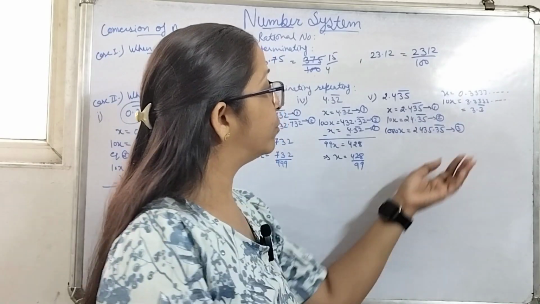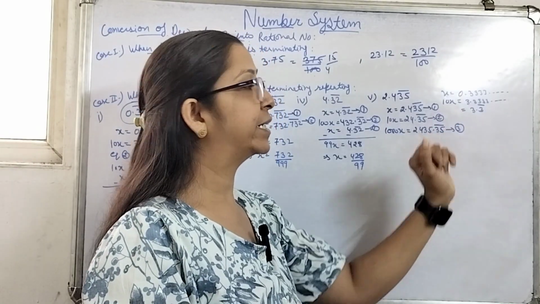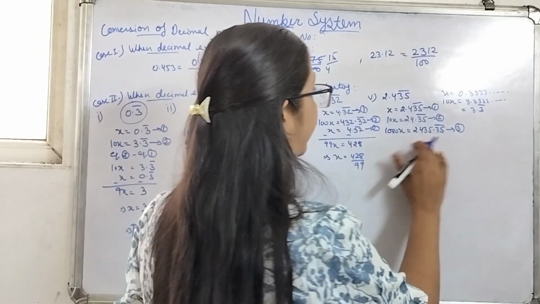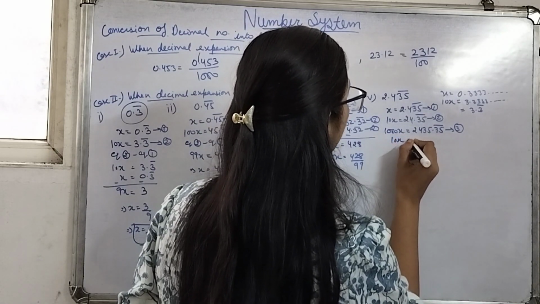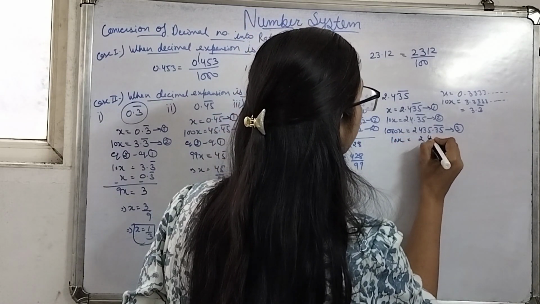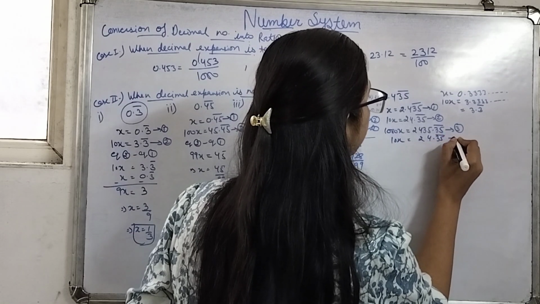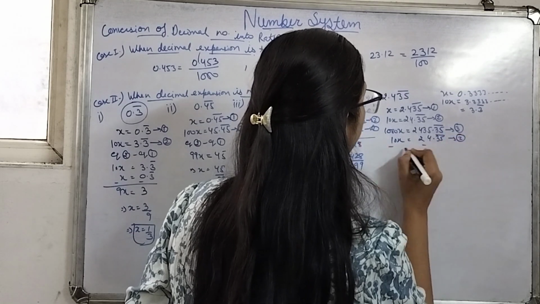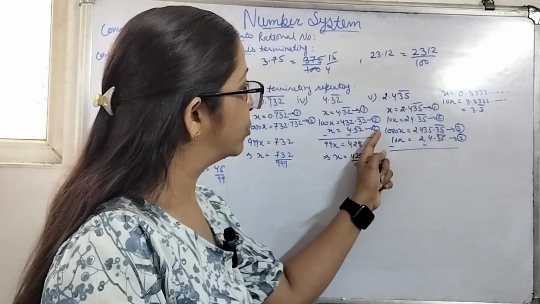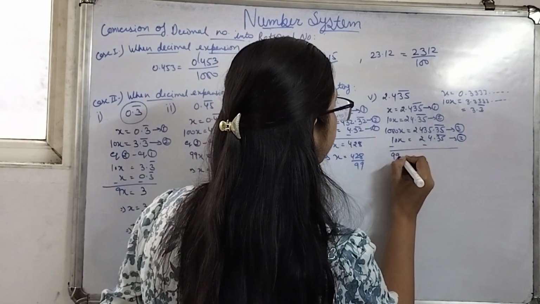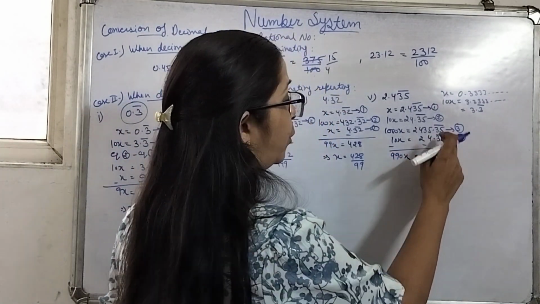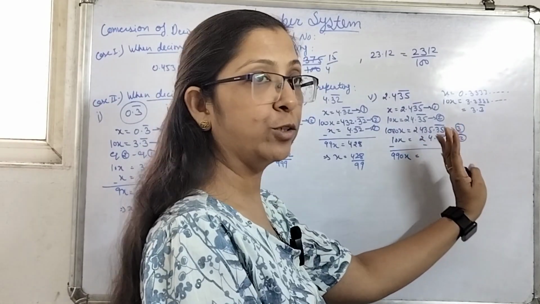Now from equation number 3, we will be subtracting equation number 2. So I am writing equation number 2 beneath equation number 3, that is 10x is equivalent to 24.35 bar. This was your equation number 2, and now I am subtracting it. So 1000x minus 10x will become 990x. 0.35 bar is going to cancel.